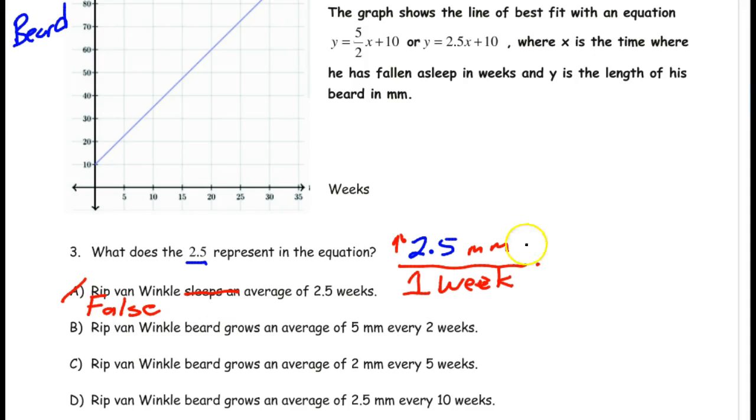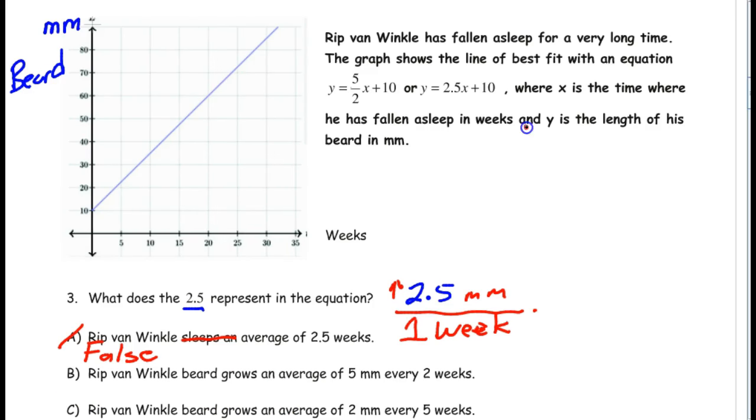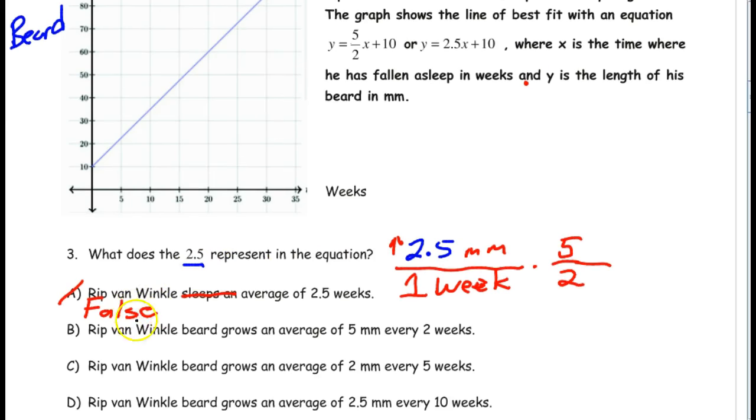So if it's growing 2.5 millimeters per 1 week, kind of similar to the last problem, if it does 2.5 in 1 week, that means it will do 5 every 2 weeks. So yes, that's going to be true.